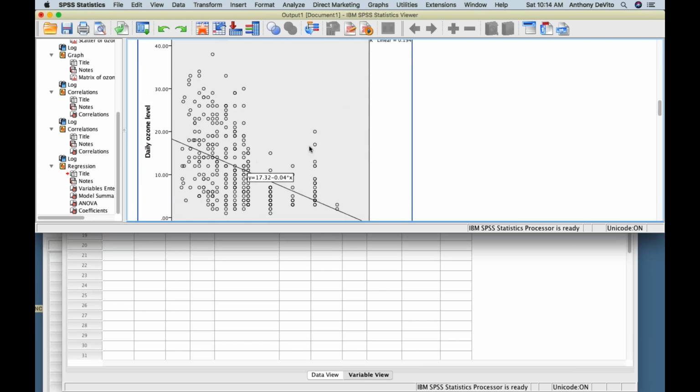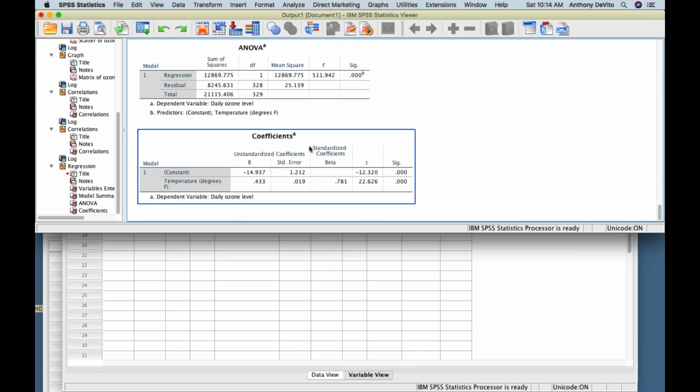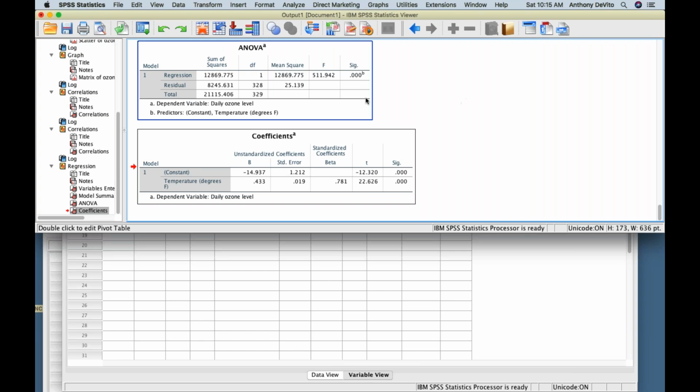Okay, so let's go back to our analysis here. So what these coefficients give us, and it does this analysis, and it draws this line without actually showing it to us. It calculates this line. These coefficients tell us, first of all, the statistical significance of these. We know that already, that they're likely to be statistically significant.